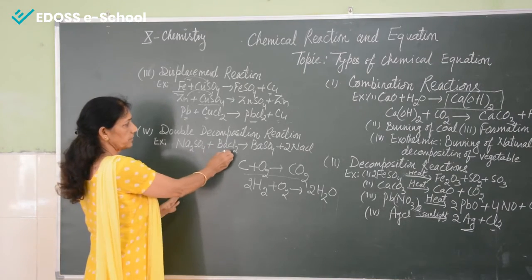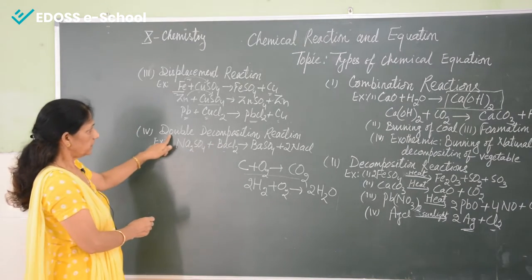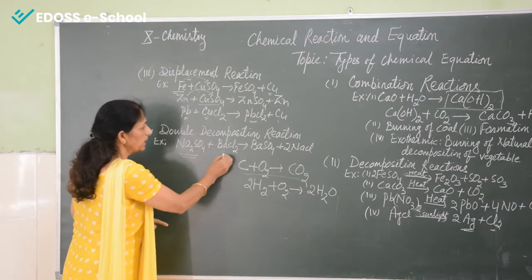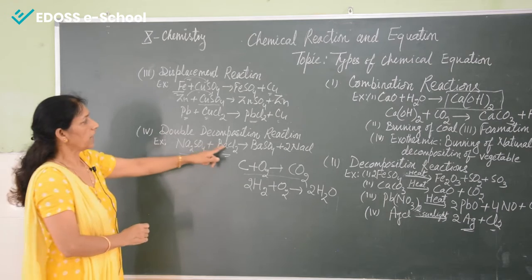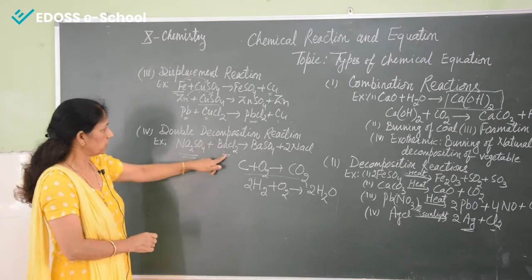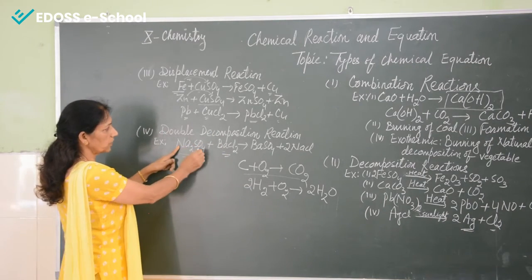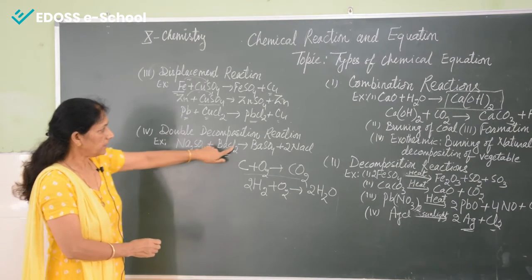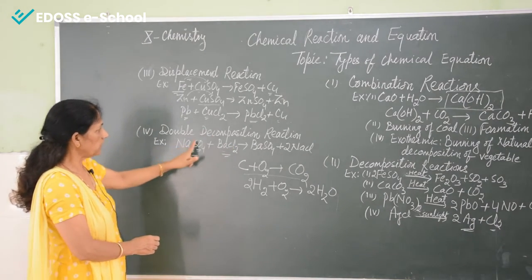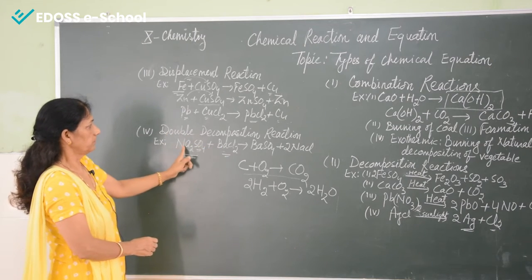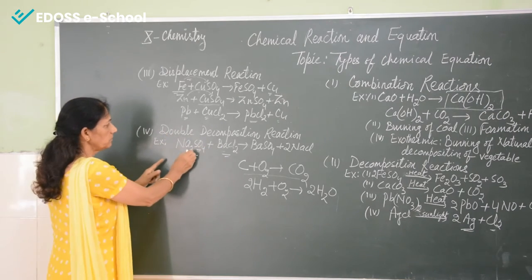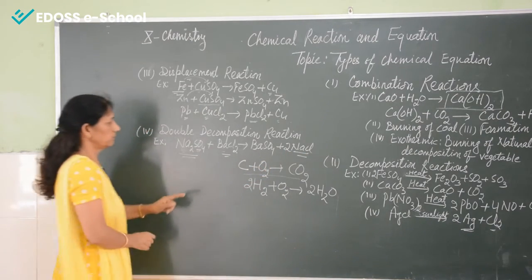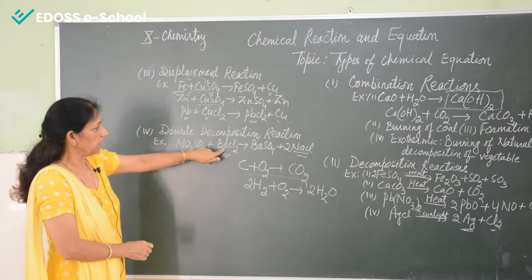Double decomposition means sodium sulfate and barium chloride are both decomposed. From sodium sulfate, sulfate is removed and chlorine comes to it, so sodium sulfate is converted into sodium chloride, and the sulfate combines with barium.